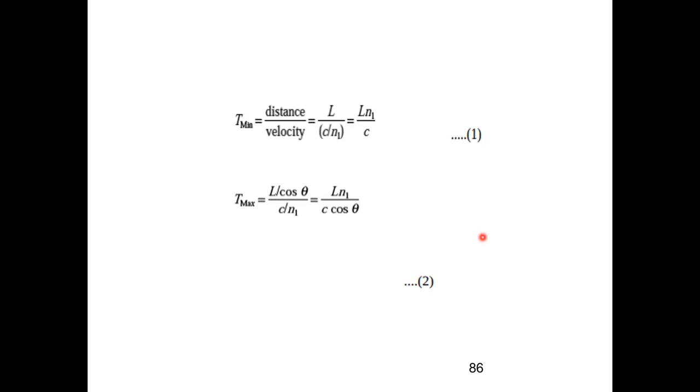Yes, so give it equation number 2. T max. So I have T minimum, the minimum time for the axial ray, and I have T max, the time for the meridional ray.